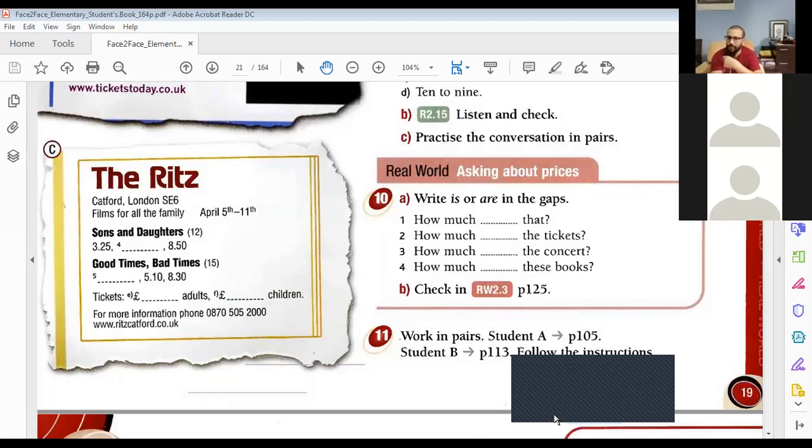Welcome to the Ritz Cinema Information and Booking Line. Here are the films showing at this cinema from Friday, April the 5th to Thursday, April the 11th. Sons and Daughters, Certificate 12, showing at 3:25, 5:40 and 8:50 p.m. Good Times, Bad Times, Certificate 15, showing at 2:50, 5:10 and 8:30 p.m. To hear these times again, say, "Yes, please," after the tone.